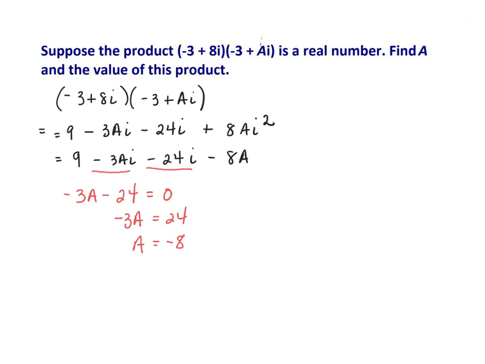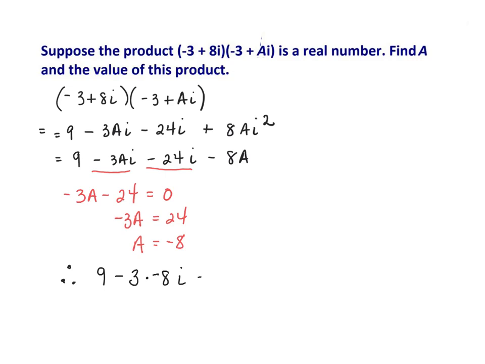which is pretty cool. Now be careful here. Find a and the value of the product. Read your question. So we can come back into our expanded form and substitute that -8 in.